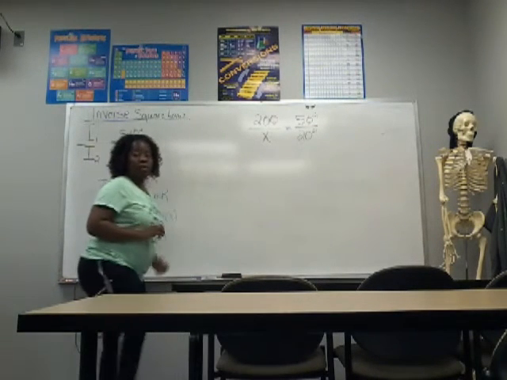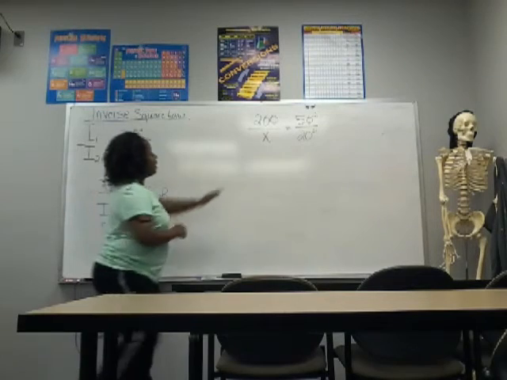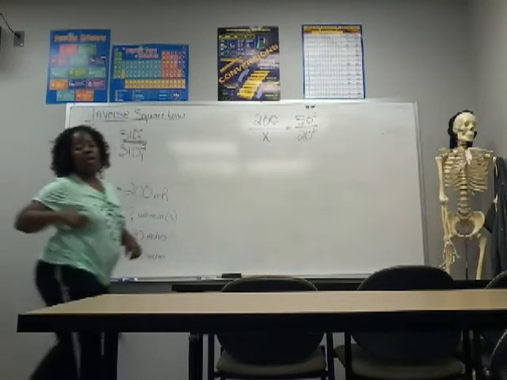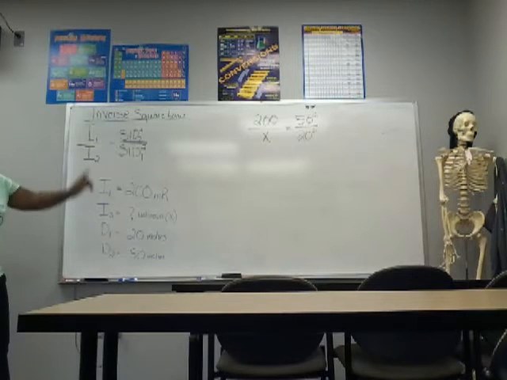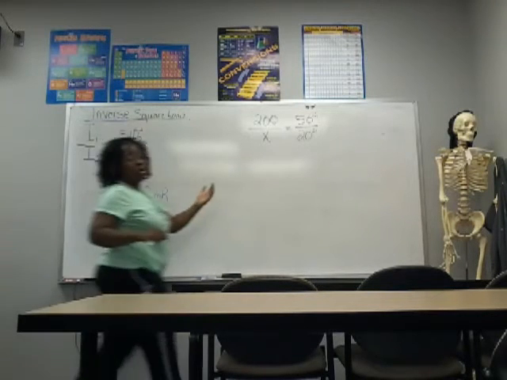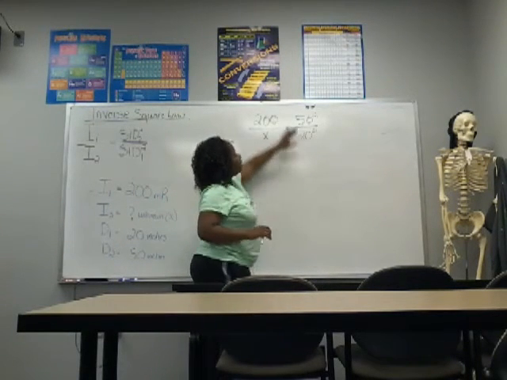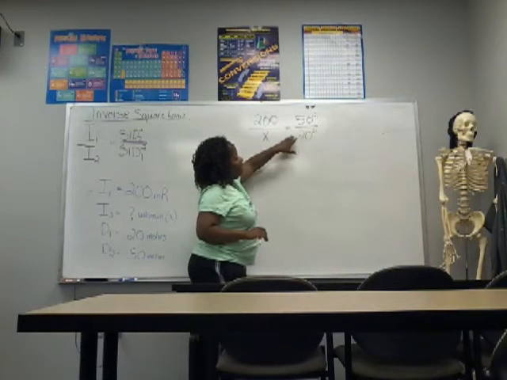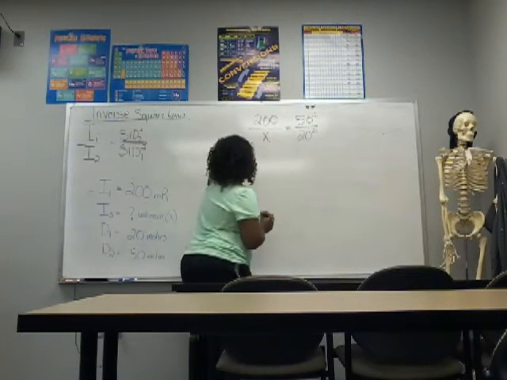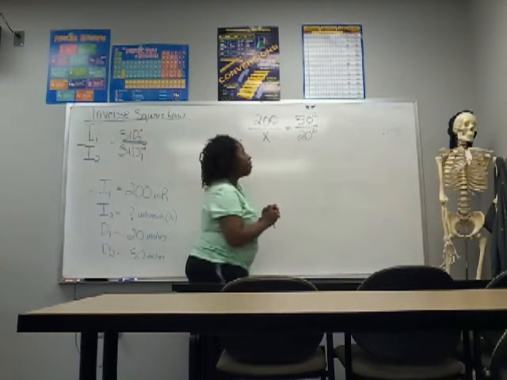Now this looks like it's ready for me to solve. I need to isolate X. But before I do anything, what I like to do is first simplify what I can. Remember how to reduce fractions? I can simplify the 50 over 20 before I actually square them, to make it simple for me to work out.